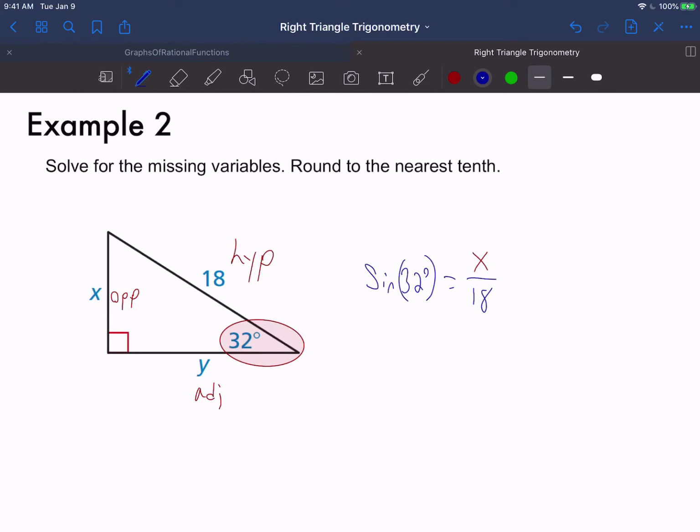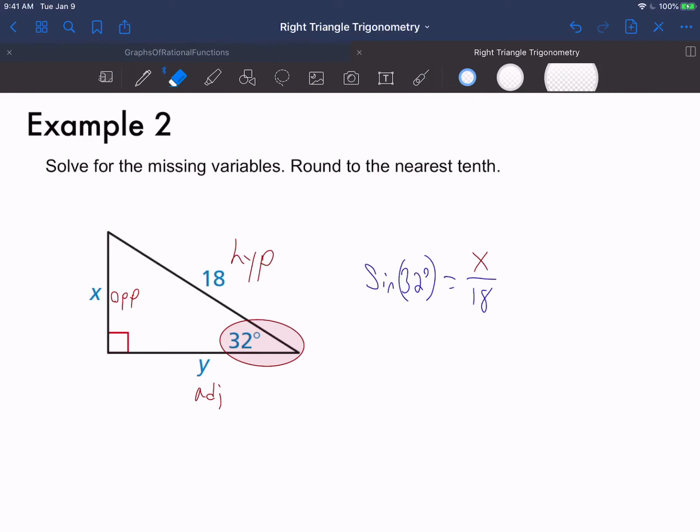So x is our opposite, 18 is our hypotenuse. Notice we only have one variable, that's good. If you had said, tangent of 32 is equal to x over y, you have a problem. You have x and y in the same equation. So you really can't use tangent for this particular instance.